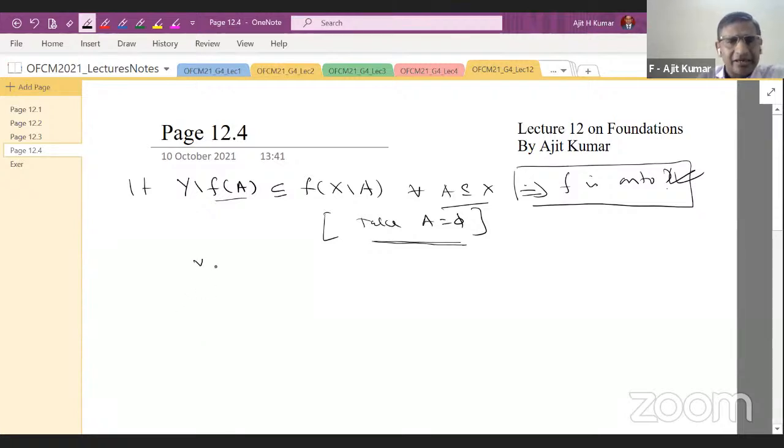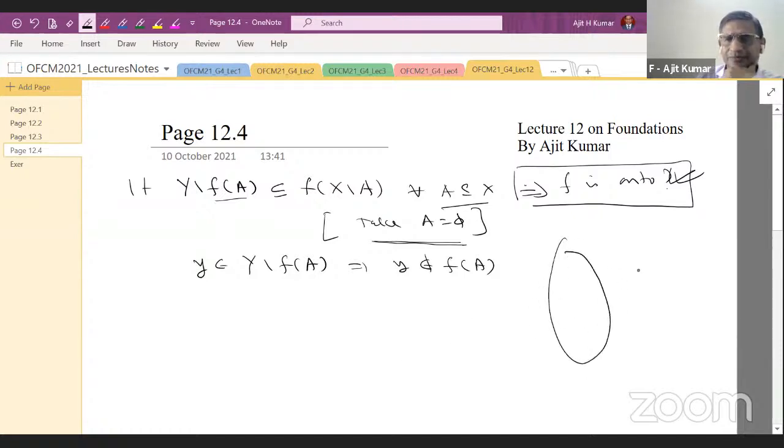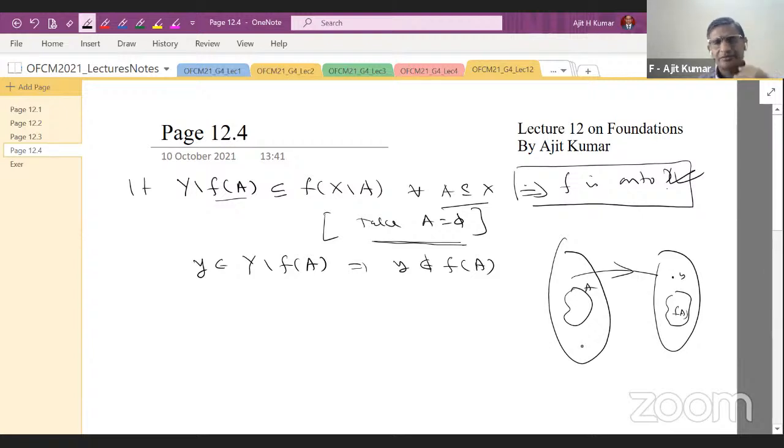So you take an element y in capital Y minus f of A. This simply means that y does not belong to f of A, right? That's what it means. So now look at the diagram. I have somewhere A, and let us say this is f of A. y is somewhere outside this.